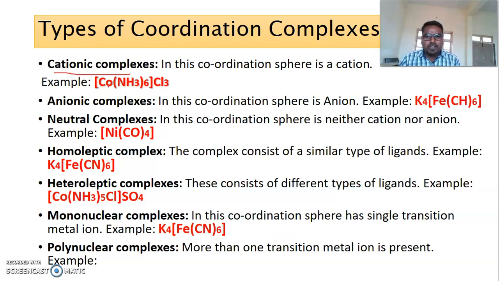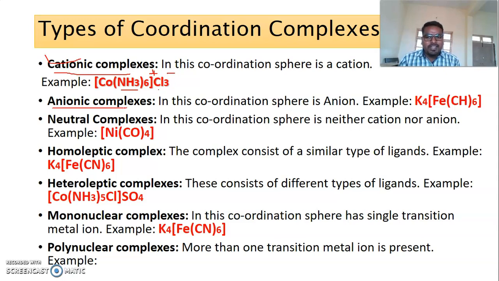Look at this hexaamminecobalt complex. Here the chloride ion has charge Cl minus, so this is the charge of the counter ion, and the charge of the complex is positive. If the charge of the coordination sphere is positive, then it is called a cationic complex.